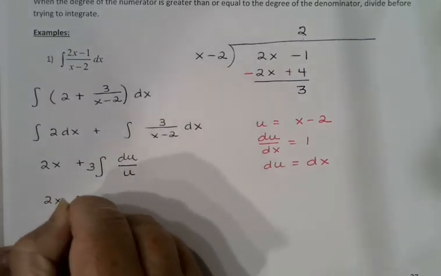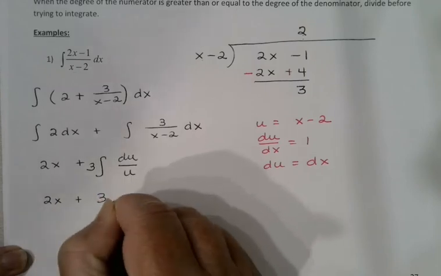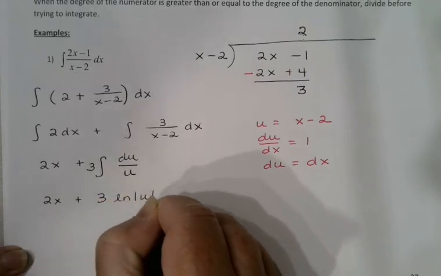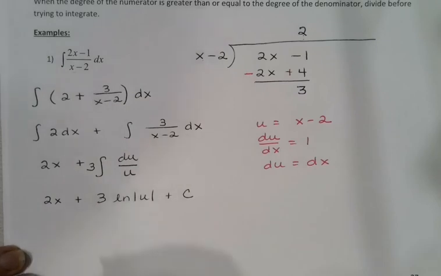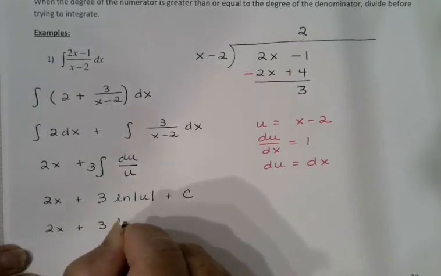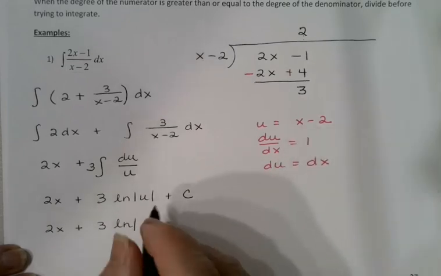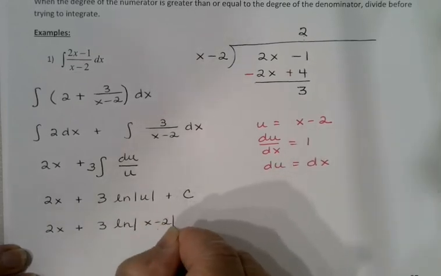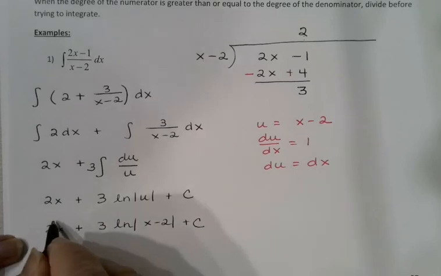So I have 2x plus 3 times the natural log of u plus c, or 2x plus 3 times the natural log of x minus 2 plus c.